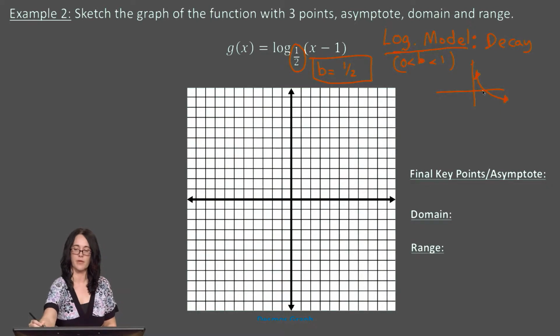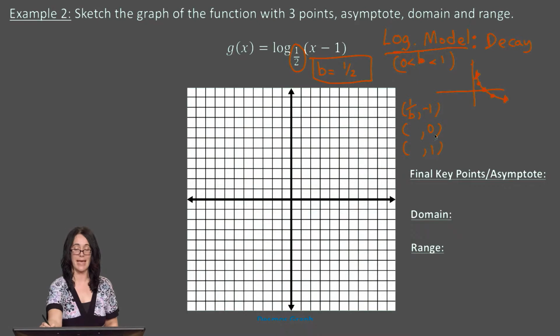It'll have three easily accessible points that we can find by flipping the normal ordered pairs that we had for exponential models. So instead of -1 for my input, 0 for my input, and 1 for my input, I'll make each of those my outputs. So -1, 0, and 1 are now my outputs. Instead of 1 over b for my output, it's now my input.